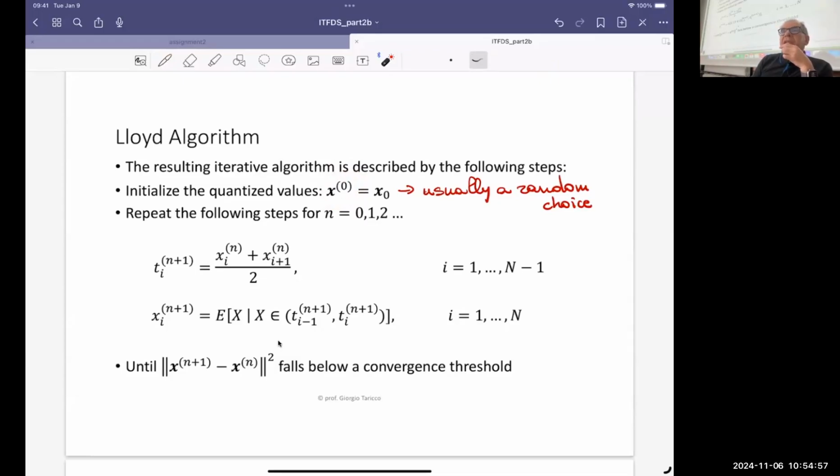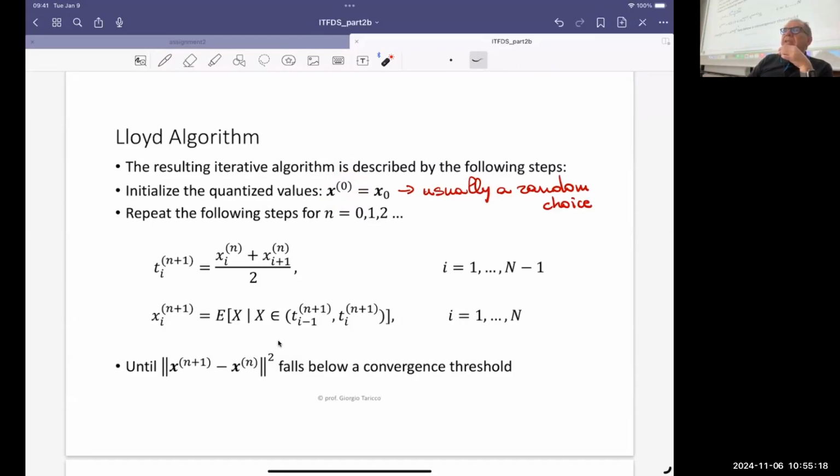In some cases, we can exploit the symmetry of the probability distribution. So if the probability distribution, like in the case of the Gaussian distribution, is an even function, well, of course, there is a symmetry with respect to 0.